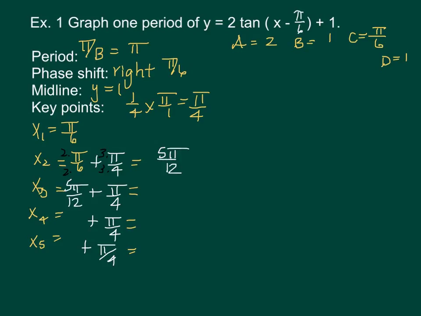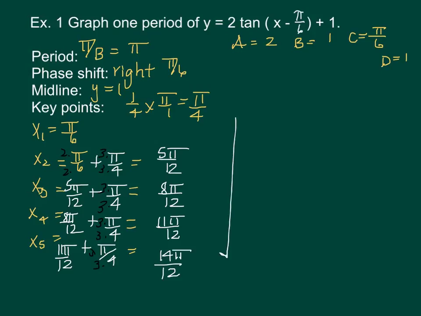So my pi over 4, I always have to multiply it by 3 to make it 12. 5 pi over 12 plus 3 pi over 12 is 8 pi over 12. 8 pi over 12 plus 3 pi over 12 is 11 pi over 12. Notice they're adding by 3 each time. And that's funny because that's what we use to get a common denominator. And the last one is 14 pi over 12.